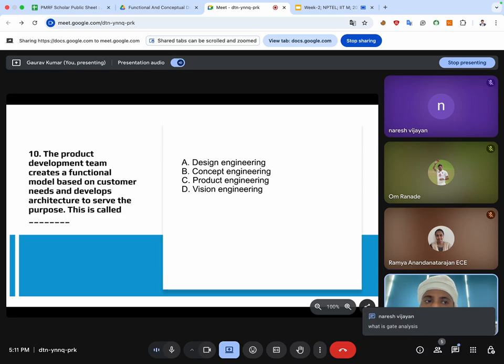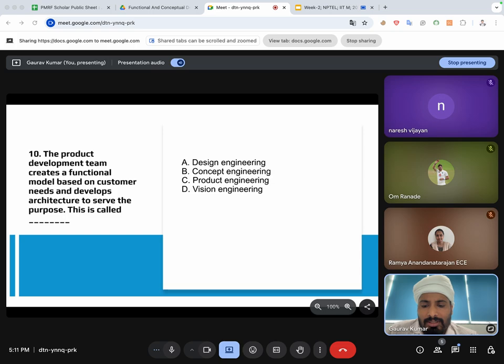Okay, what is gate analysis? I told you, no? It's a critical decision-making checkpoint in a structured product development methodology, like a stage-gate process. These gates are strategically placed after each development stage to evaluate whether the project is ready to move forward, needs improvement, or should be stopped.